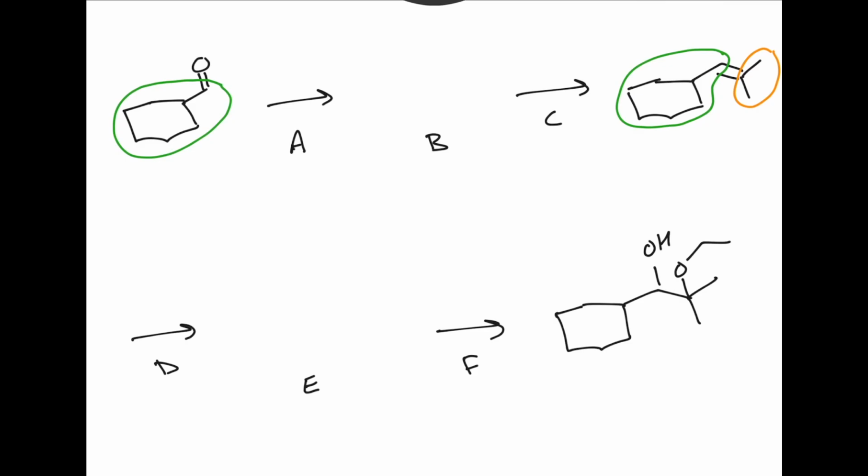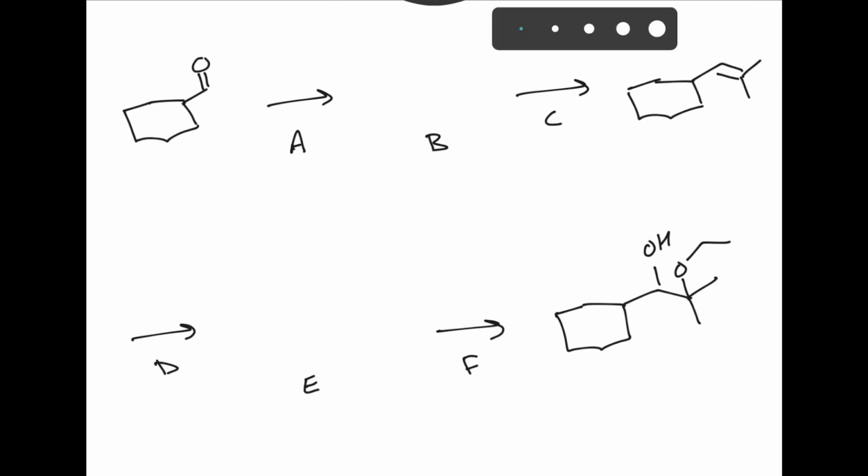When you have an aldehyde, how do you know how to add extra carbons to it? Just an organometallic with 3 carbons. So I've got 3 carbons here, 1, 2, 3. I need to add 3 carbons.